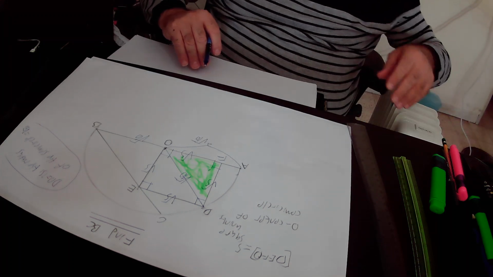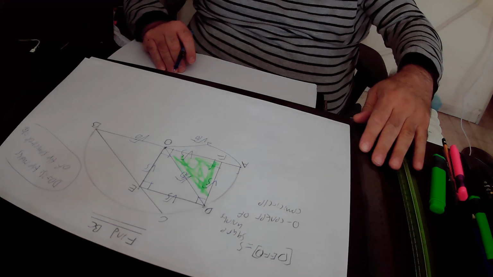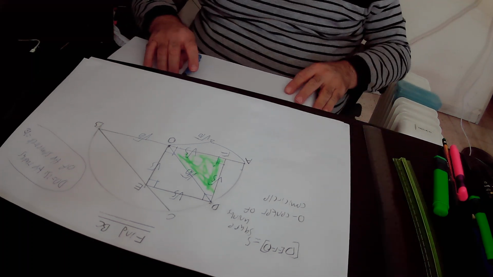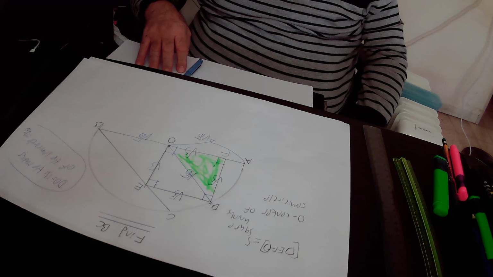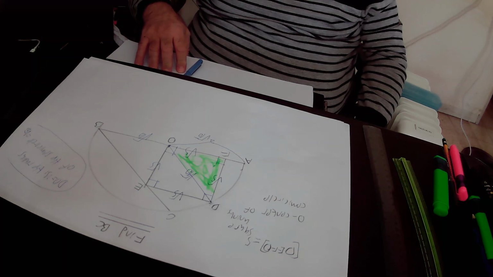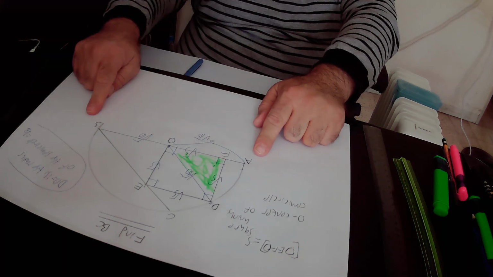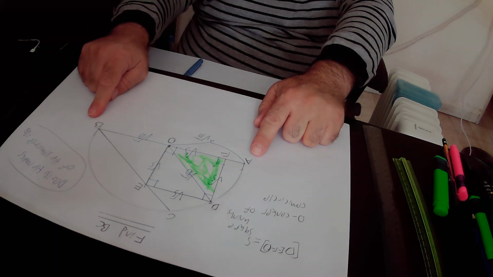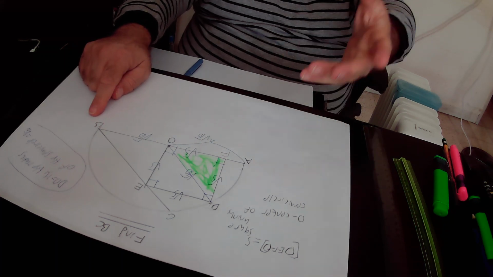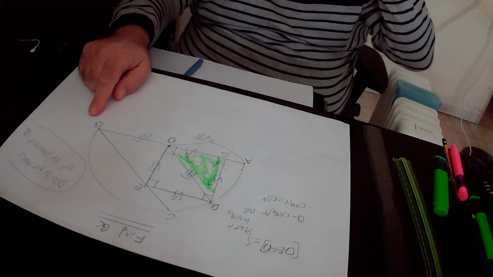Why? Because in our drawing we have this semicircle, and in any semicircle, AB is the diameter of the semicircle. It is absolutely a straight line.